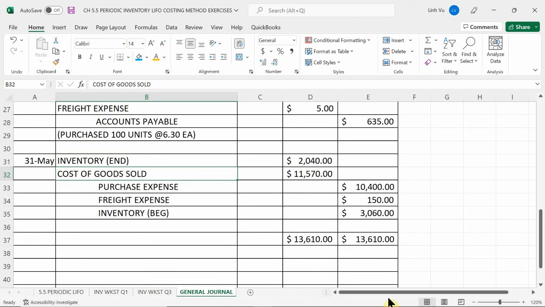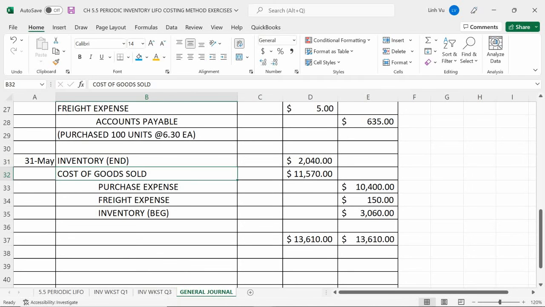Your beginning inventory, you're taking that inventory out because you're combining it together with all the purchases so you can sell out your items. So you're decreasing your inventory in the very beginning. You have to remember that.